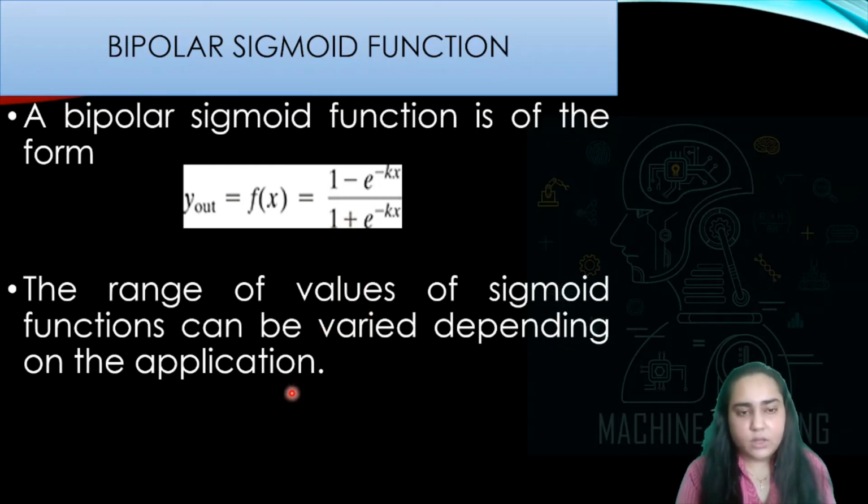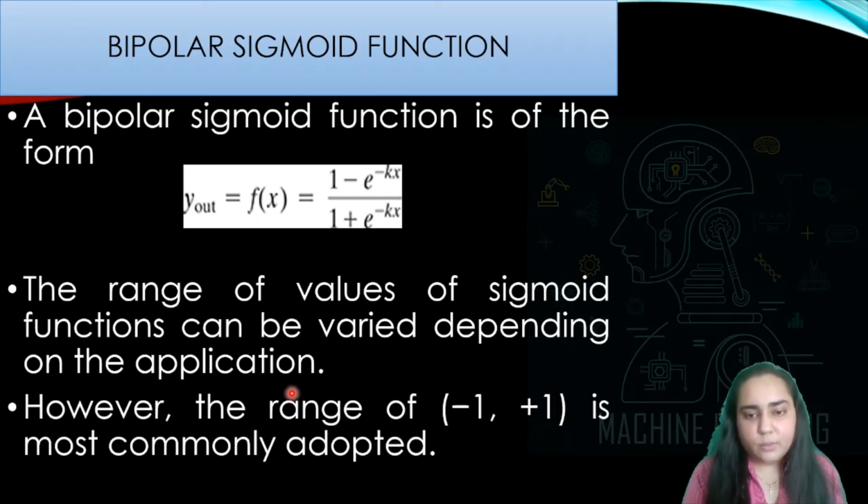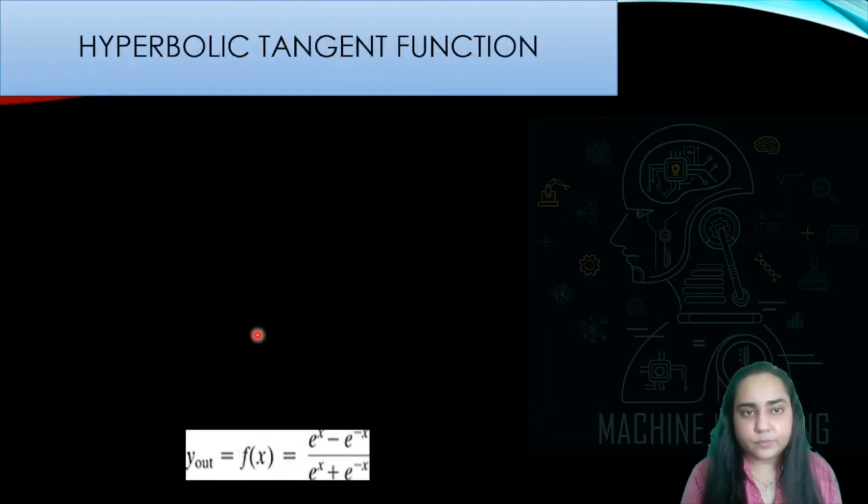But the preferred or most commonly used values are -1 and +1. You could have any values you want, but this is the one that is most widely used.